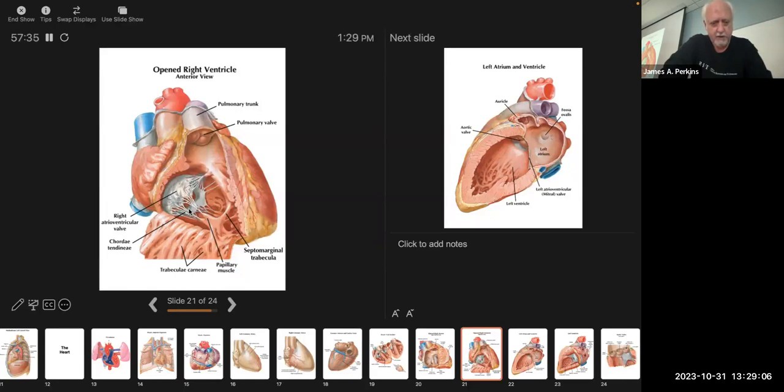These little tendinous cords are called the chordae tendineae, which literally means the tendinous cords. These are like the little strings of the parachute. So those chordae tendineae are connecting the cusps of the valves to a set of papillary muscles.